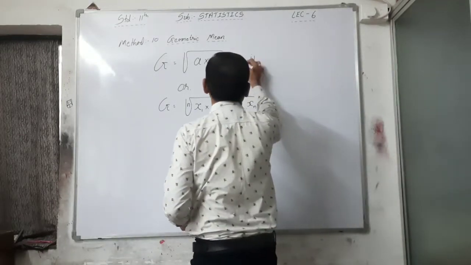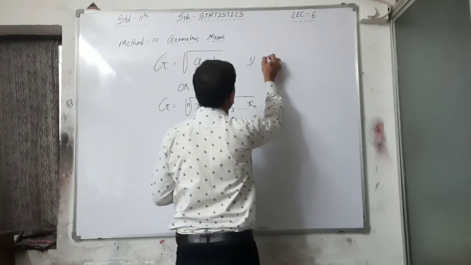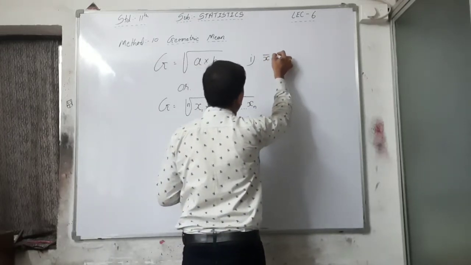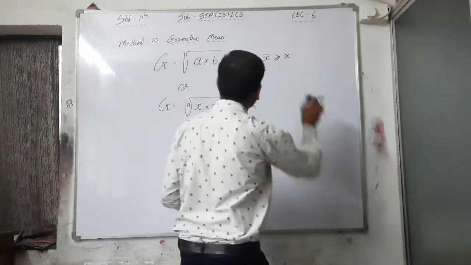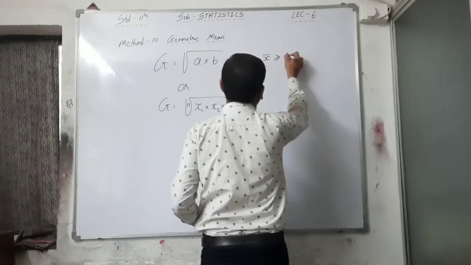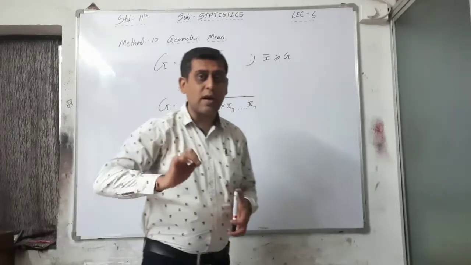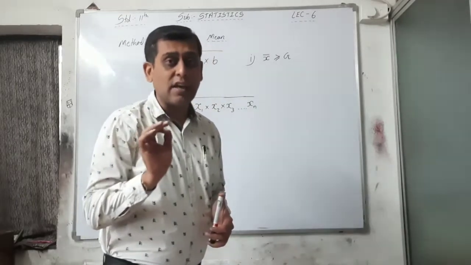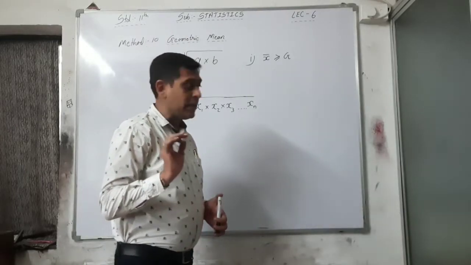For any observations given, the geometric mean is equal to or less than the arithmetic mean, or you can say the arithmetic mean x bar is always greater than or equal to G, that is the geometric mean. It is the main thing.